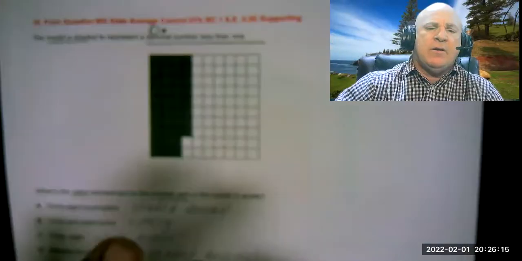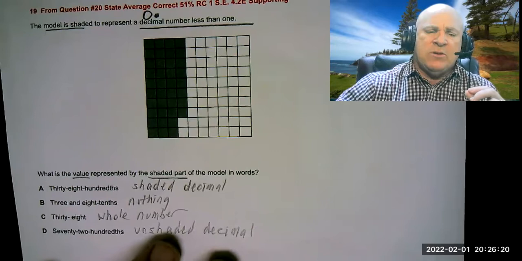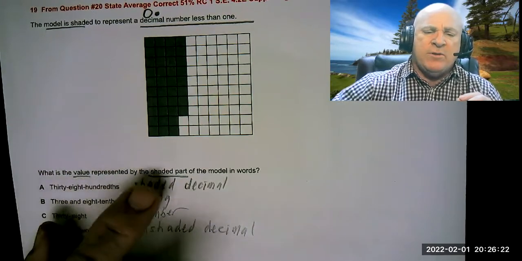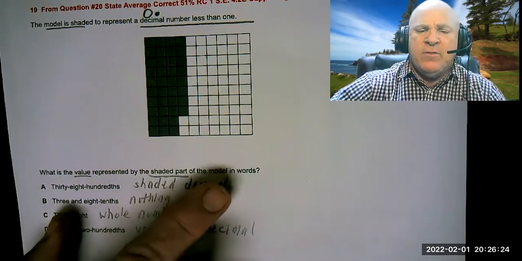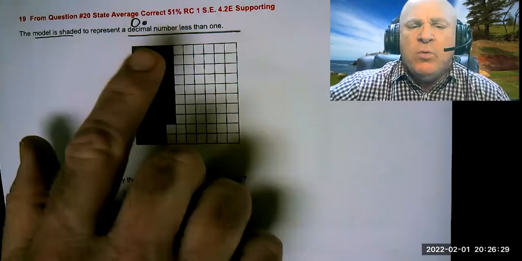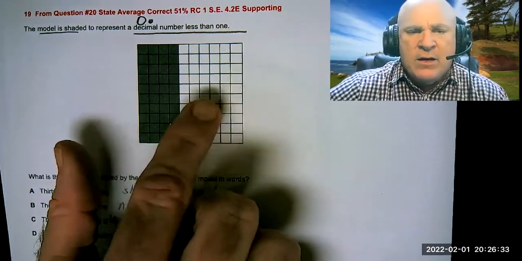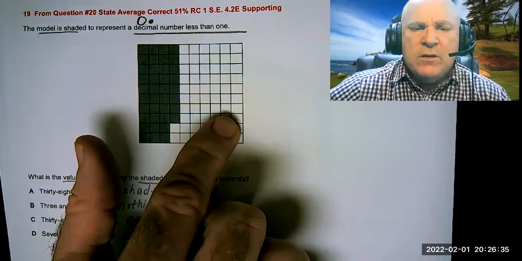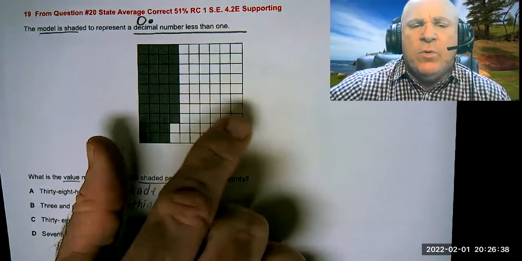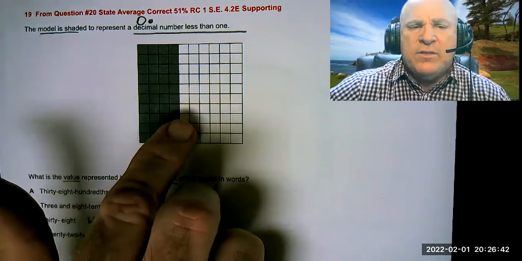Let's take a look at the one that I modeled after the state so you can see what I'm talking about. All right, let's check the question like a lot of students like to do. What is the value represented by the shaded part of the model? Well, this could be ones, tens, hundreds and thousands, or it could be ones, tenths, and hundredths.